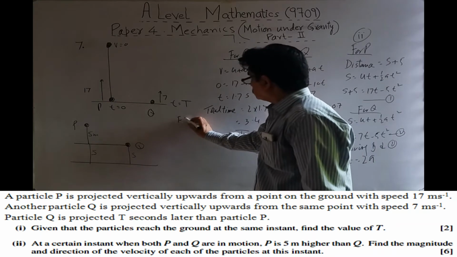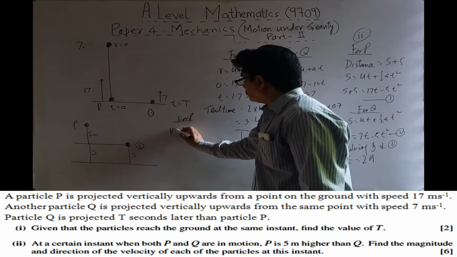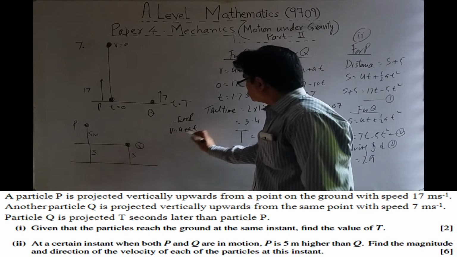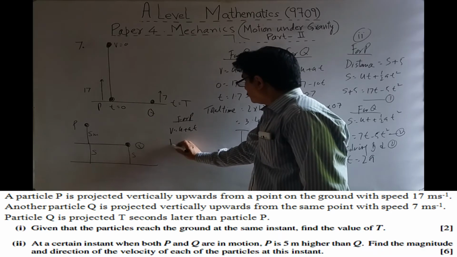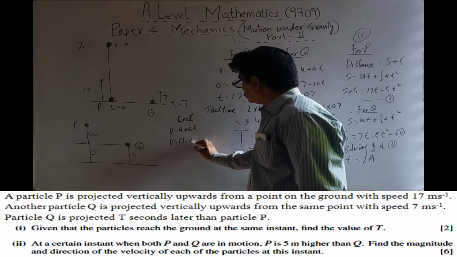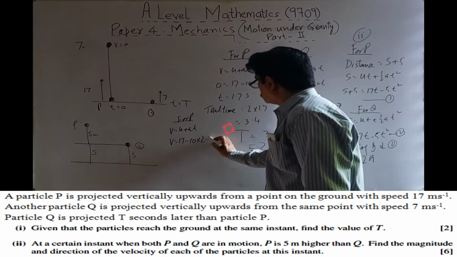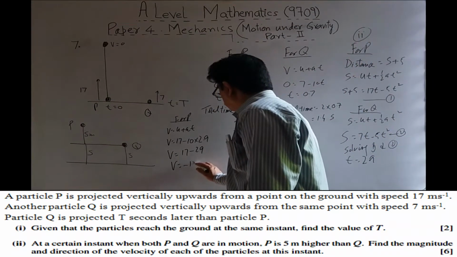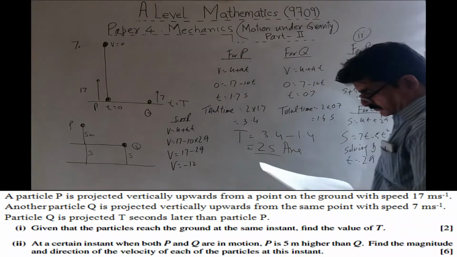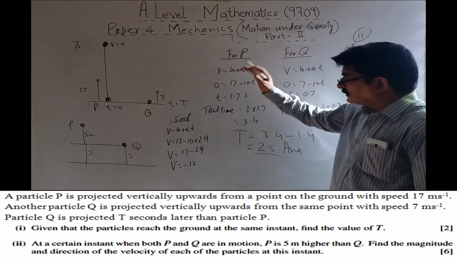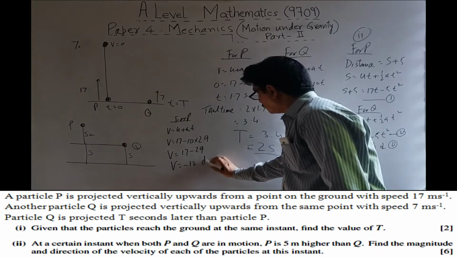So for P, applying the formula v is equal to u plus at, u is 17 and a is minus 10, into 2.9, so this is minus 12. So it means that it will be moving downward.